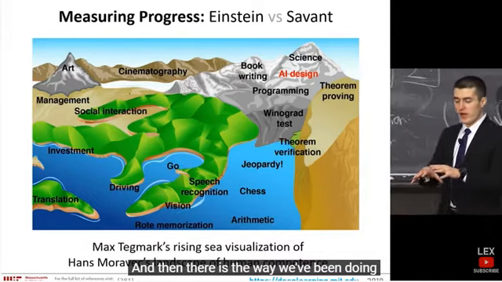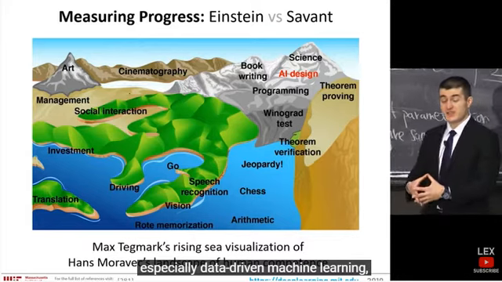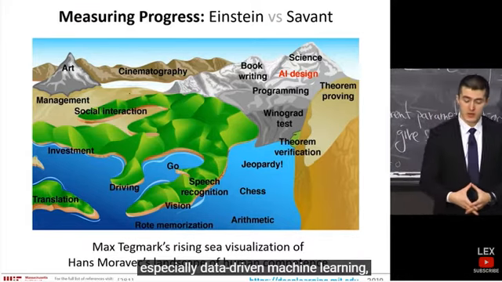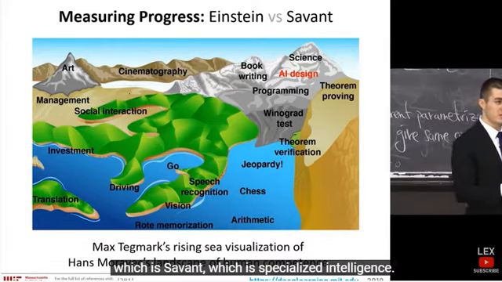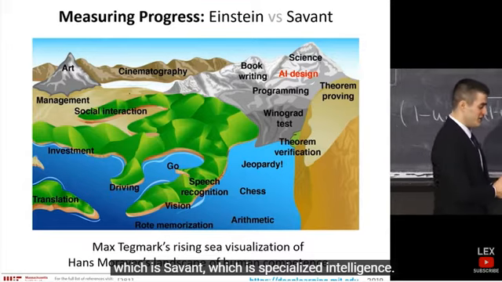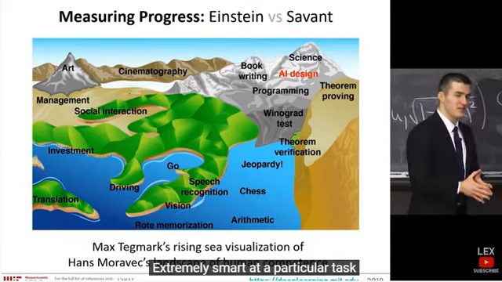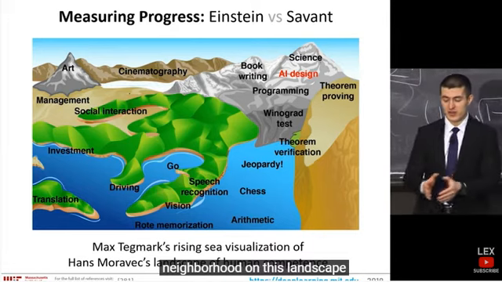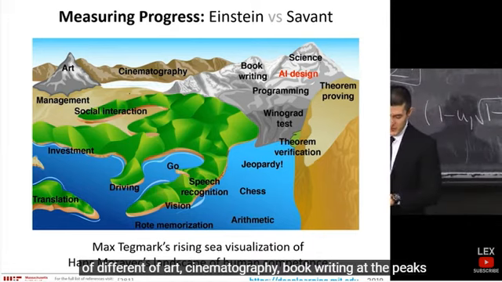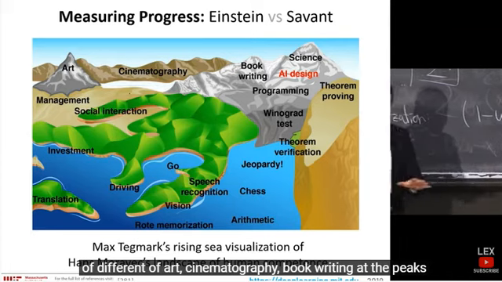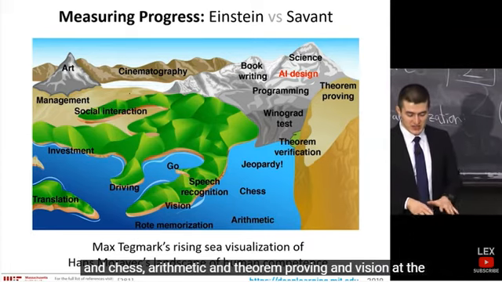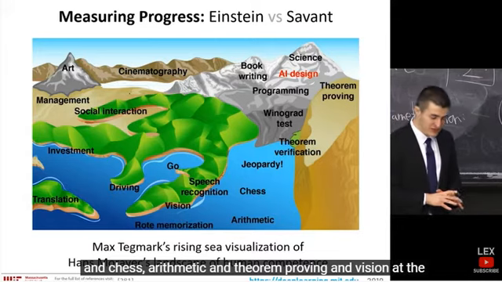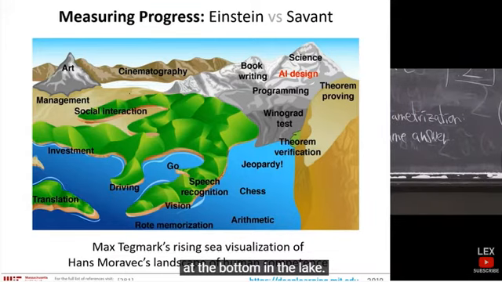And then there is the way we've been doing, especially data-driven machine learning, which is savants, specialized intelligence, extremely smart at a particular task but not able to transfer except in a very narrow neighborhood on this little landscape, with art, cinematography, and book writing at the peaks, and chess, arithmetic, theorem proving, and vision at the bottom in the lake.